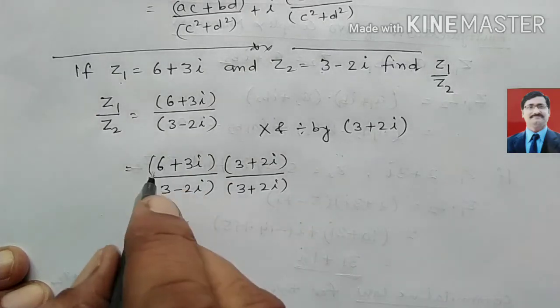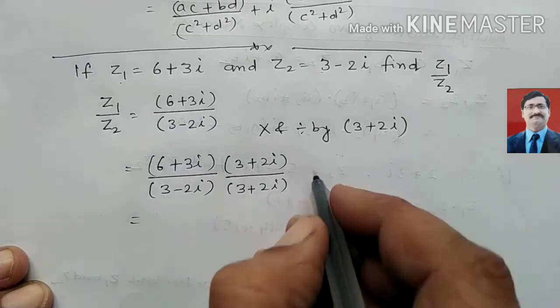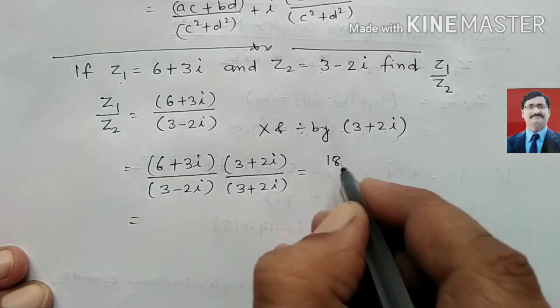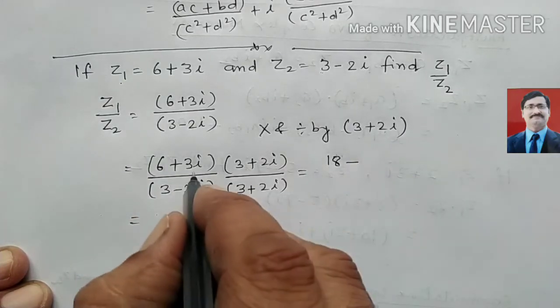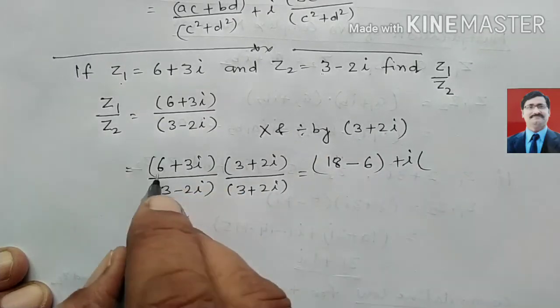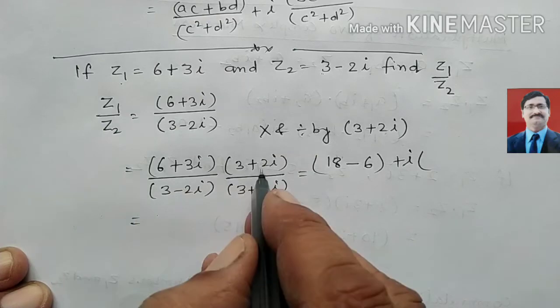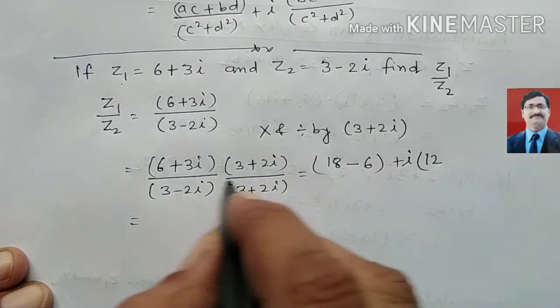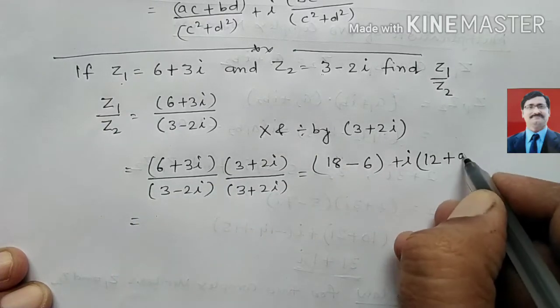Then in the multiplication, you already know 6 times 3 is 18. Then iota square will be minus, 3 times 2 is 6. Then plus iota, the iota multiplication will be 6 into 2 is 12 and 3 times 3 is 9.